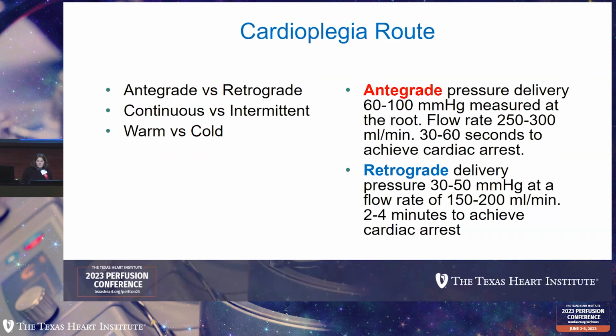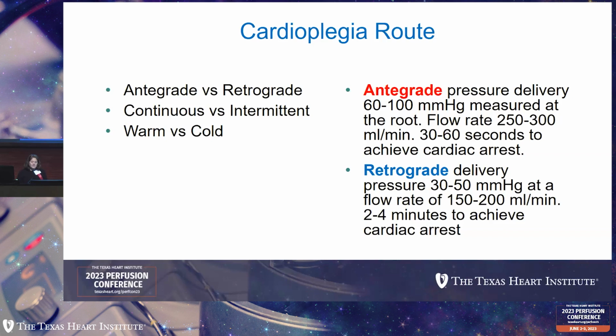So the cardioplegia route: we normally give cardioplegia antegrade or retrograde, whether it's through ostial cannulas, to protect the heart. But with normal non-stenotic coronary arteries, antegrade protects both sides of the heart very well. But that's not true in the presence of coronary artery occlusion or significant stenosis.